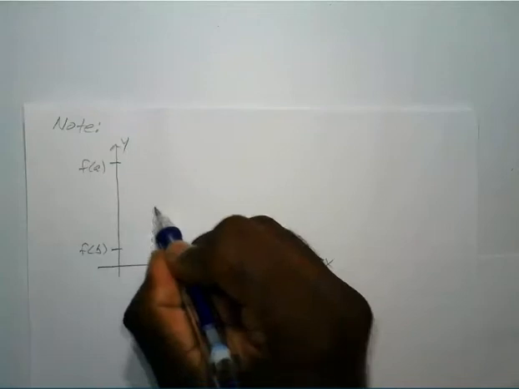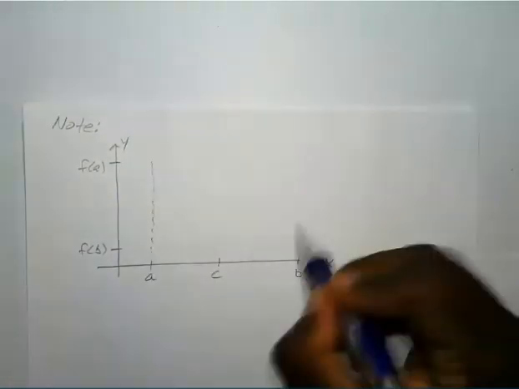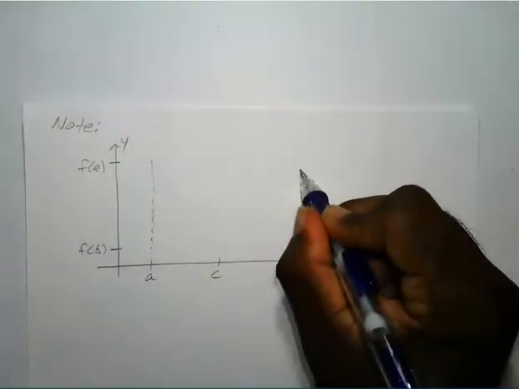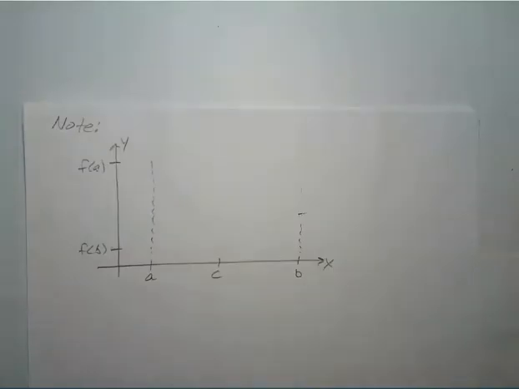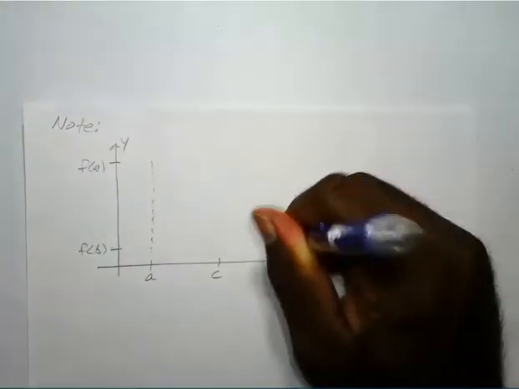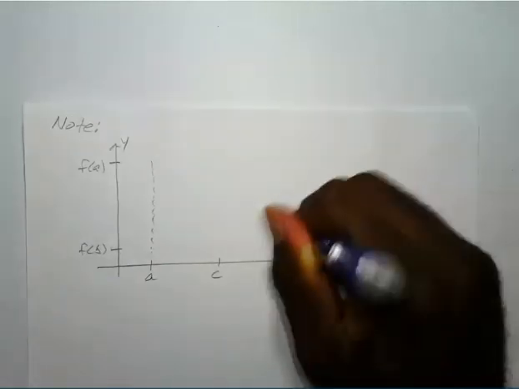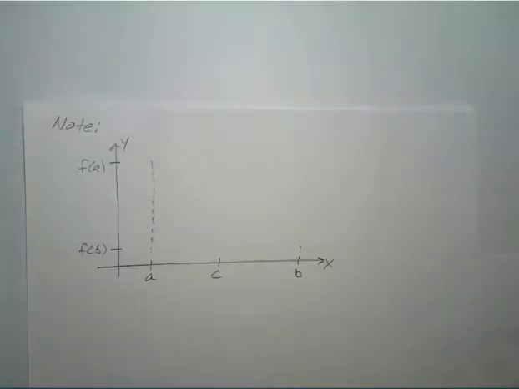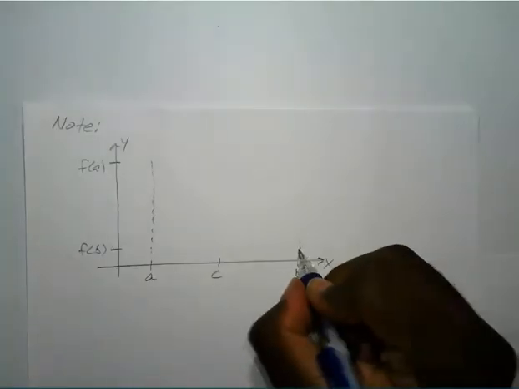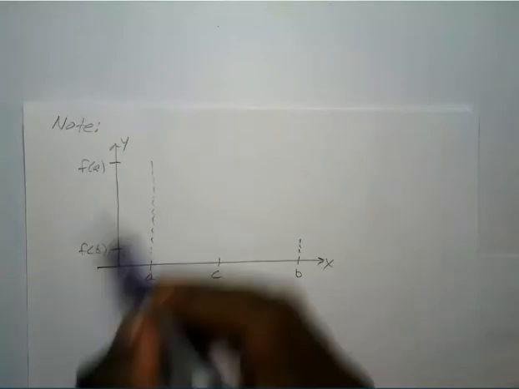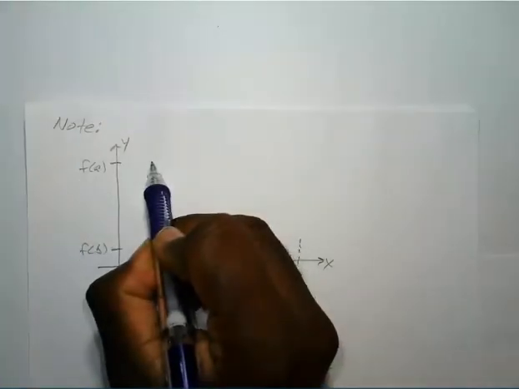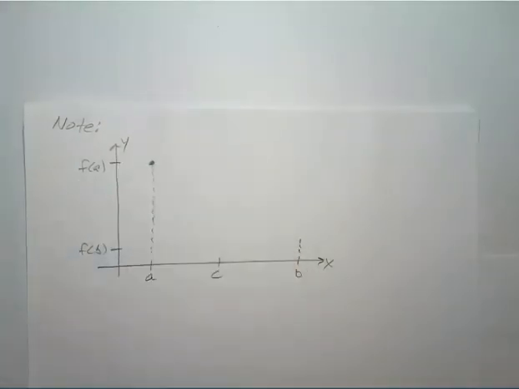Okay, so going between your a and b value, that didn't need to be so long since your f of b is down here. I'll move my dotted line there. There we go. Okay, so let's say that that's your f of a.